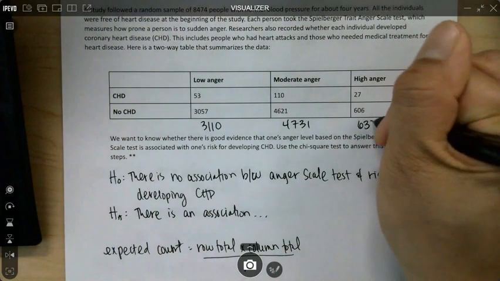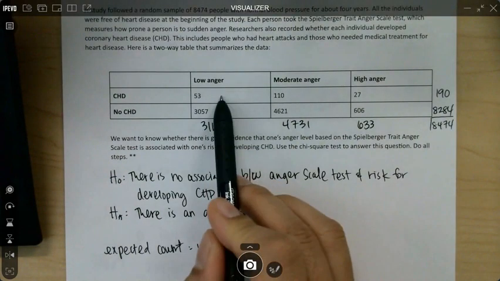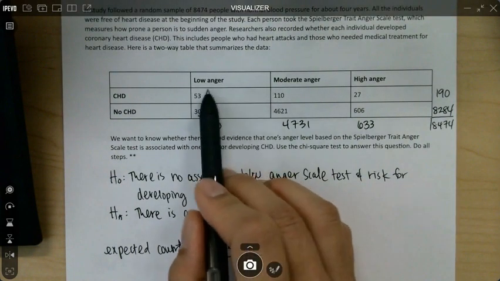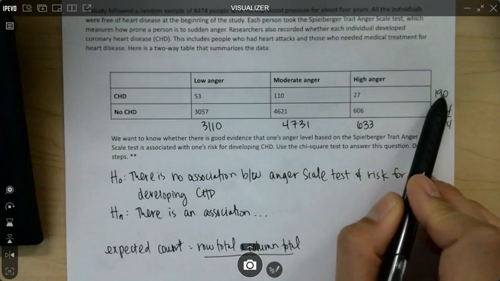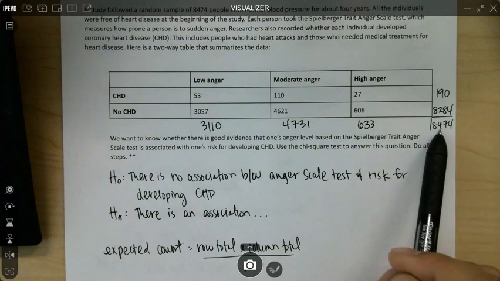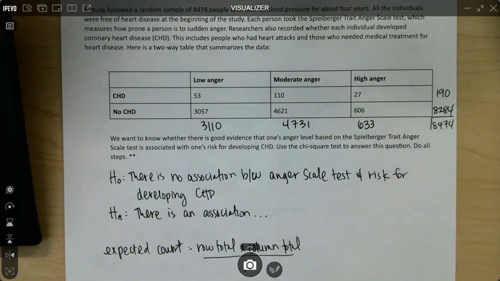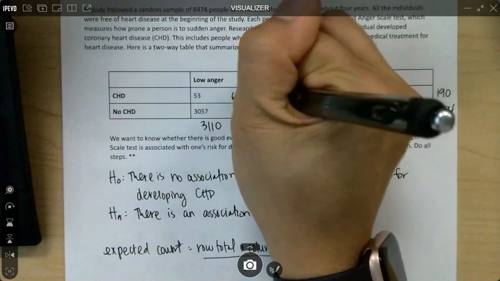Okay, so now I'm going to put the expected counts off to the side here just because I don't want to make another table. So to get the expected count for this cell right here, we're going to do the row total. So it's going to be 190 times the column total, 3110, divided by the total, 8474. That's going to be 69.73.